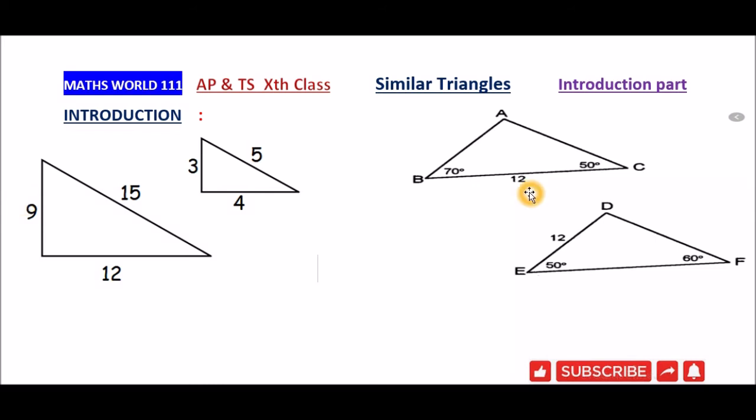But coming to the second image, there are two triangles here. Triangle ABC, triangle DEF. Are they similar to each other? No. They look the same, but we cannot say they are similar to each other because in case of triangles, the most important point, you listen carefully.